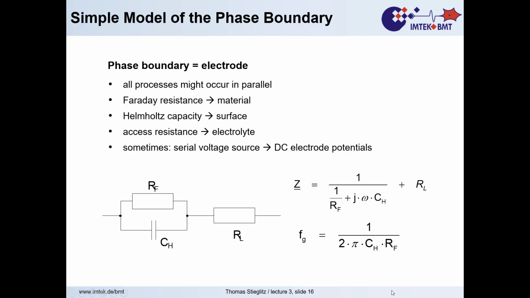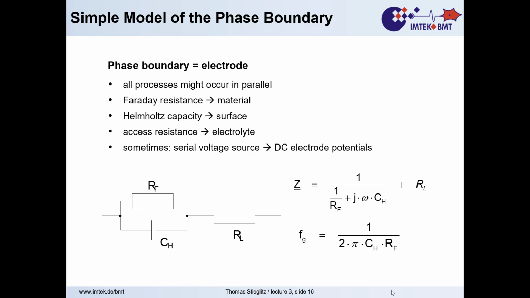When we model those processes, we can model that charging and discharging over the Helmholtz layer as a capacitor. And all those corrosion processes or non-corrosion things can be modeled as a Faradic resistance in parallel. And as we've seen in the first picture, there's the interface layer and then comes the electrolyte, and somewhere there's the nerve.